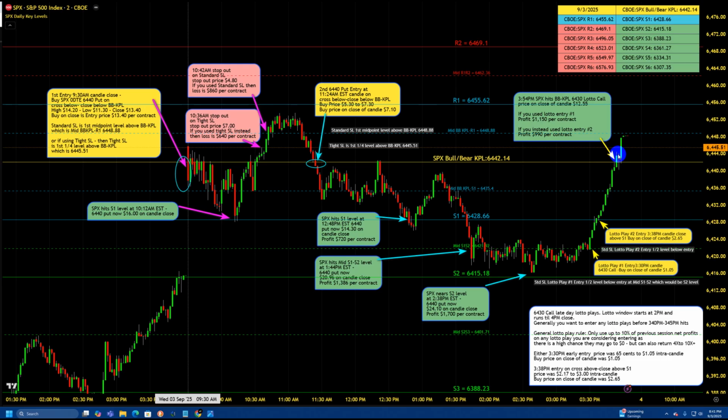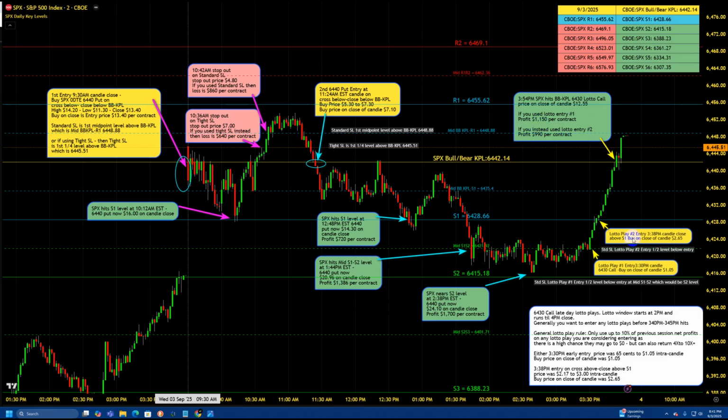As you can see here, we did have a move up to the bull bear key price level here at 3:54 p.m. It hits that level, and the 64.30 lotto call on the close of this candle here at 3:54 p.m. is $12.55. So if you used lotto entry 1 here and bought for $1.05, your profit is $1,150 per contract.